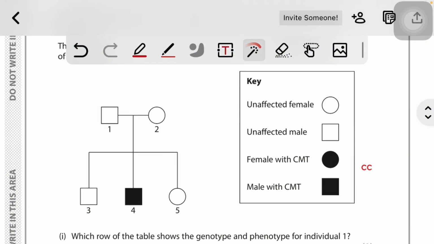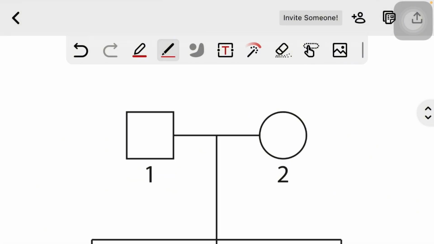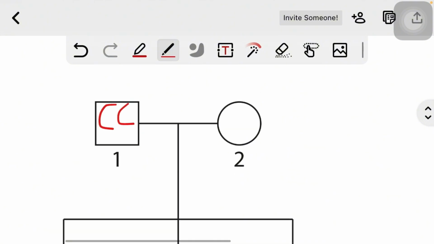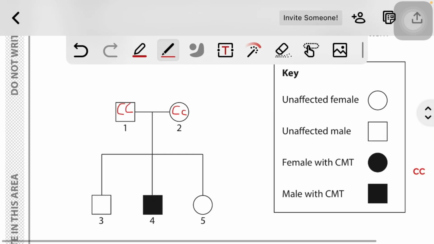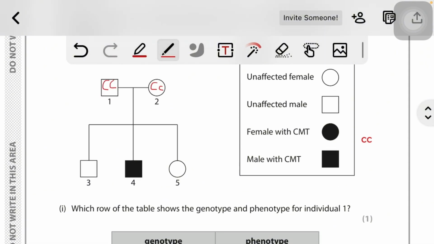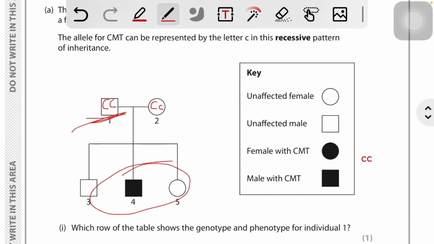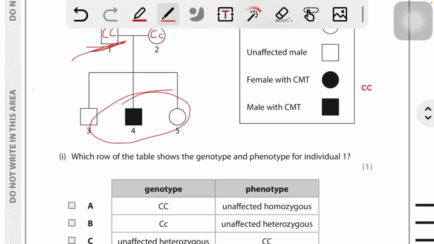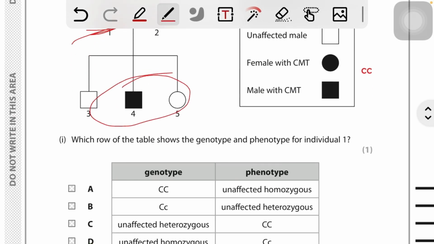See, if the male is heterozygous, capital C and small c, in that case, no baby will be affected because there will always be a non-diseased part. So this is not possible for this to be correct, okay, understood?